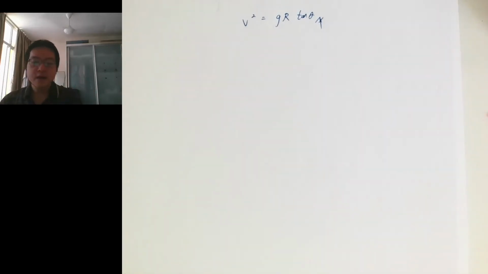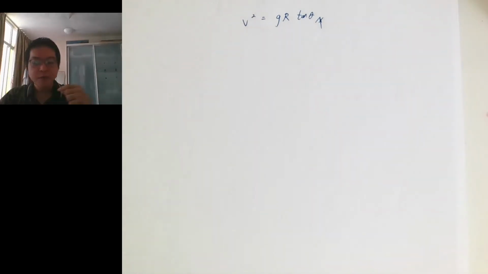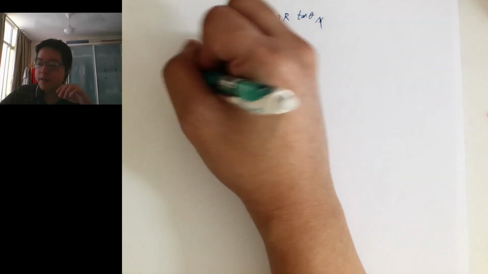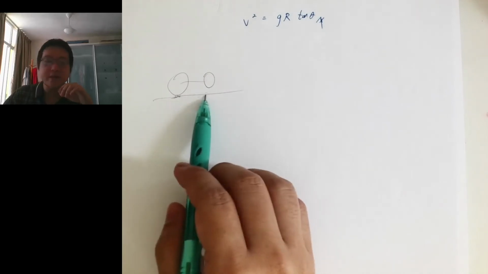Okay, then the bicycle question is more complicated, because for a bicycle, the bending part is something we haven't talked about yet. The bicycle, right, we are talking about wheels. So wheels have angular momentum, and then angular momentum will have a friction with the ground also.